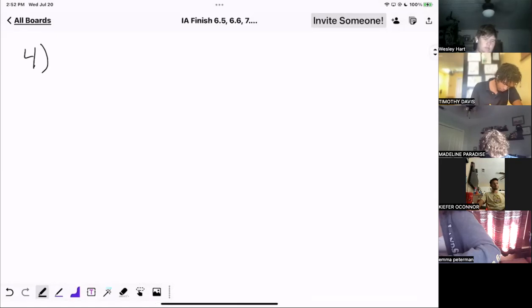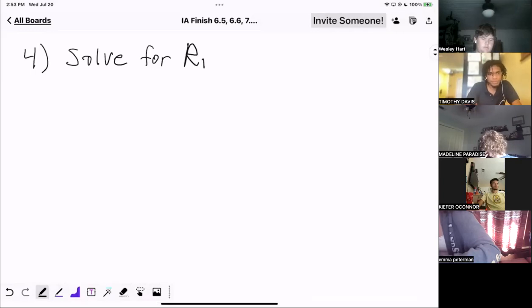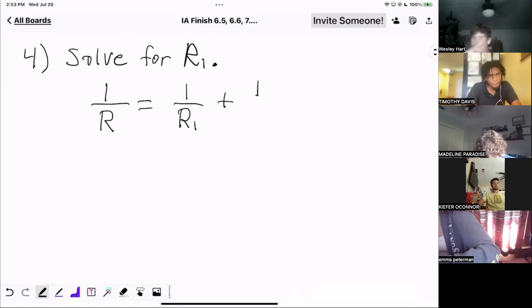So we want to solve for R sub 1. I know this is a physics equation. I think it's for refraction, reflection, something like that. I took physics a long time ago, and I remember this equation. 1 over r equals 1 over r sub 1 plus 1 over r sub 2.